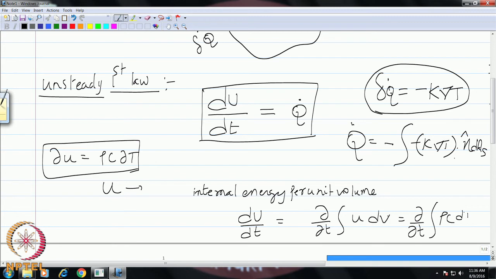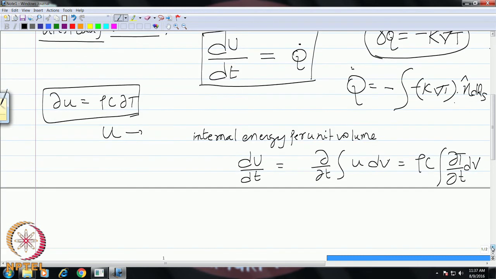So, I will just use rho C and write this in terms of rho C and dT by dt. I am assuming rho C is anyway a constant property, so I can take it outside the integral, and this is now integrated over the entire control volume.